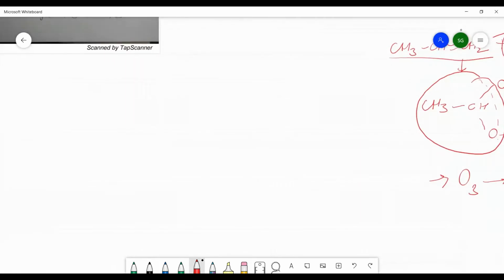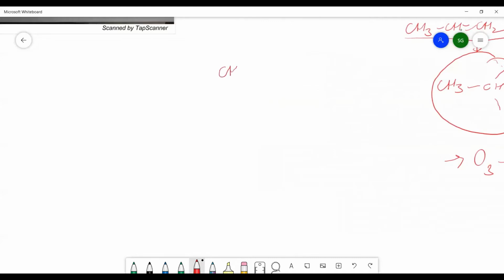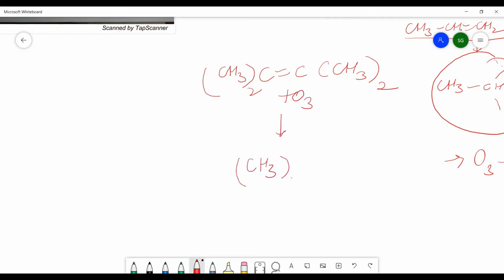Now you will see the another compound. Suppose you are taking this compound, ये compound हमने लिया. Now you will do the ozonolysis of this compound. See, when ozone will be added to it, what will happen? There is a formation of this kind of product, that is the ozonide. इस तरीके का ozonide बनेगा.